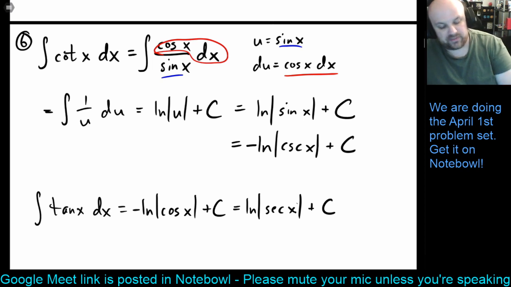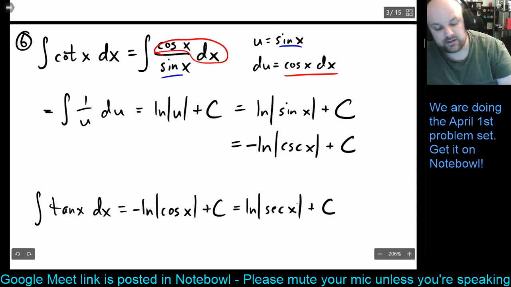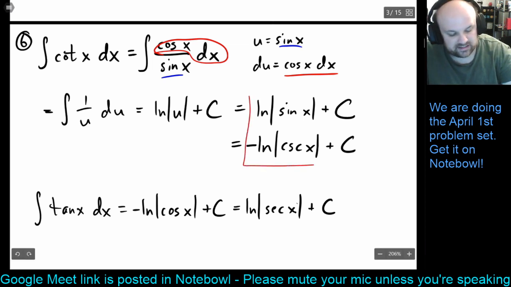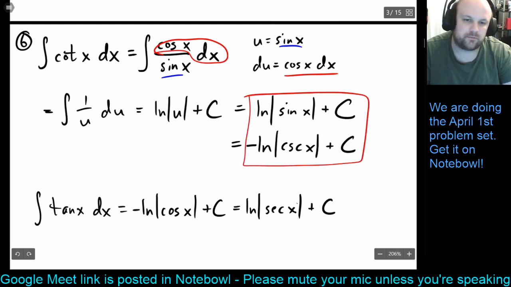So here, integral of tangent is ln of secant. Integral of cotangent would be negative ln of cosecant. So even though these are the better form, usually you're going to see them like this. But of course, either way is perfectly fine. These are both perfectly valid answers. Use whichever one you want.